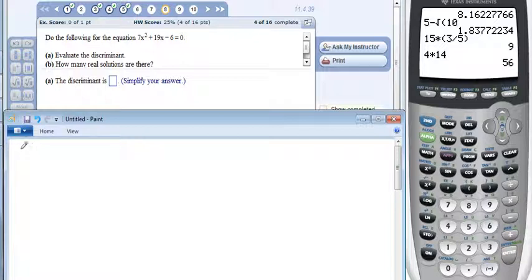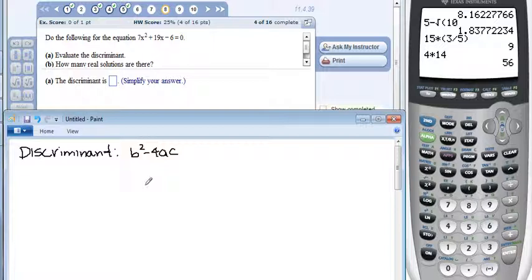Okay, so this is called the discriminant. It is the b squared minus 4ac. Okay, it's not the square root of that, it's just the b squared minus 4ac. I see all the time that people put the square root of it. It's not, it's just this piece of it.